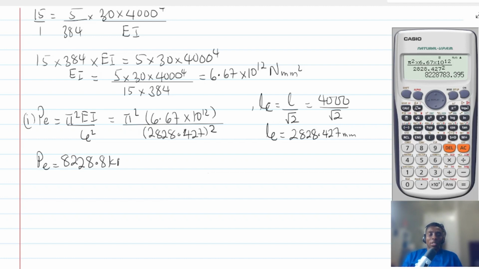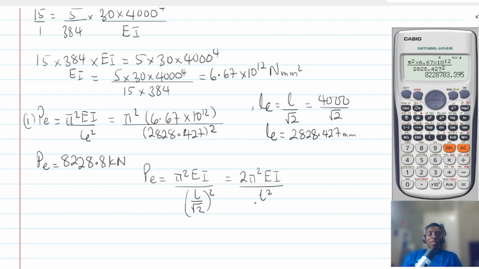kilonewton. But LE is L over root 2. So if you decide to do pi squared EI divided by L over root 2 squared, because of the root 2, this becomes 2 pi squared EI divided by L squared.